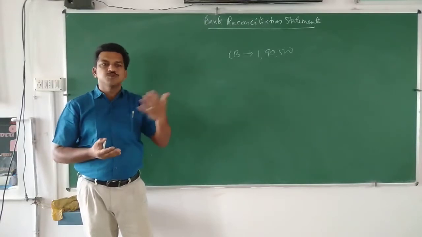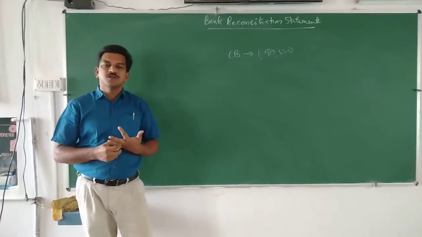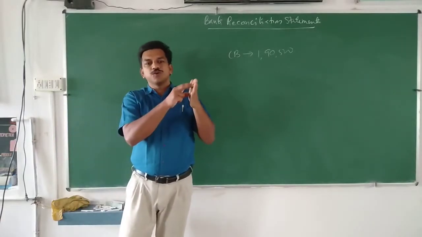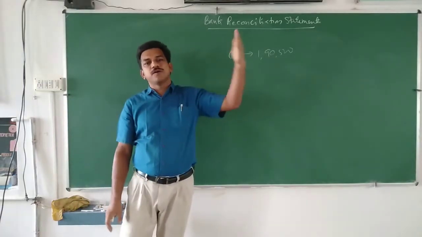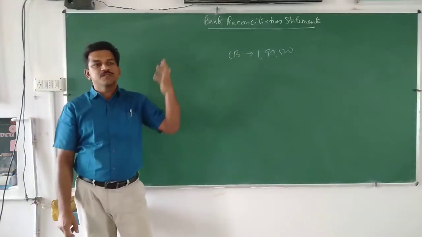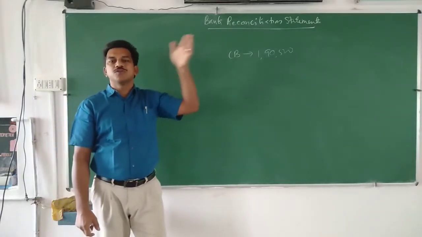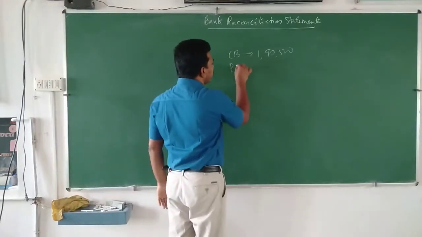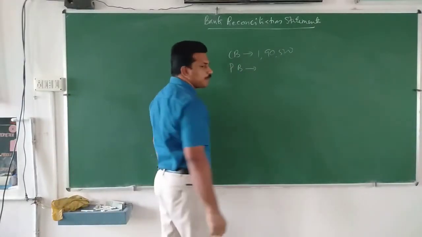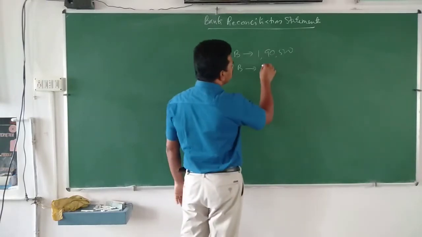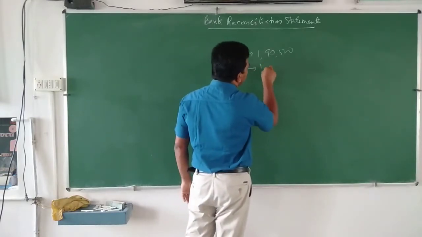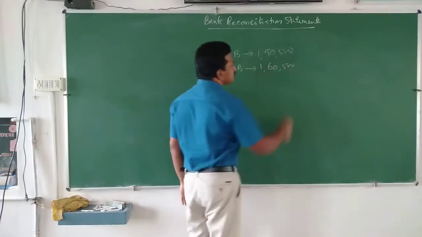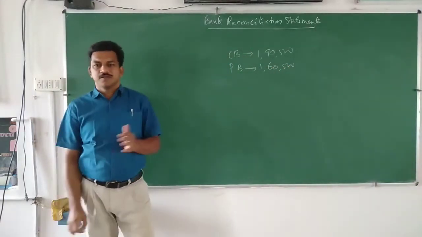And you have a passbook. What is a passbook? Passbook is the statement, or the account details, of a bank. The bank gives us a copy of the bank account, that is called the passbook. But on the same day, when you check the passbook balance, it shows around 1,60,500.